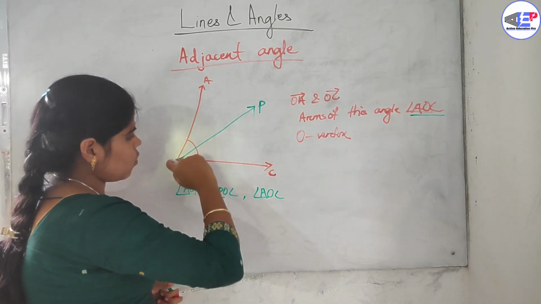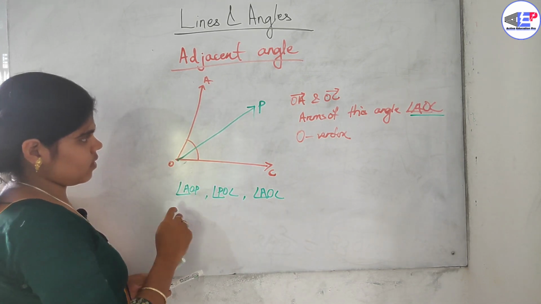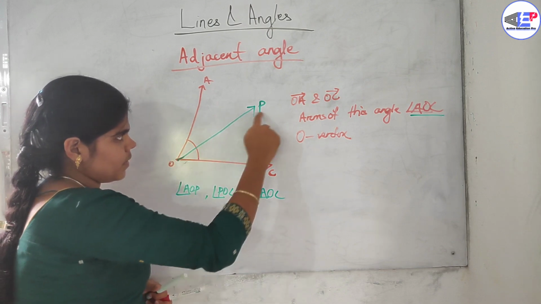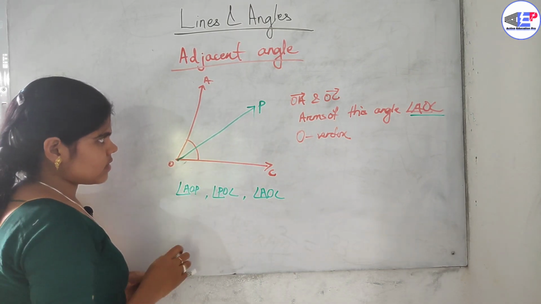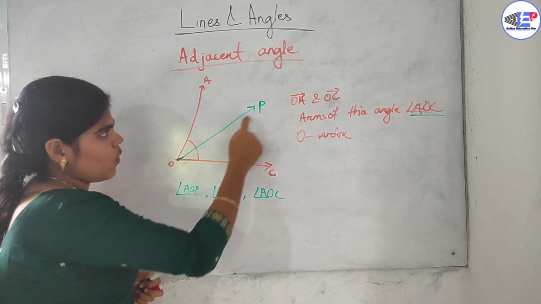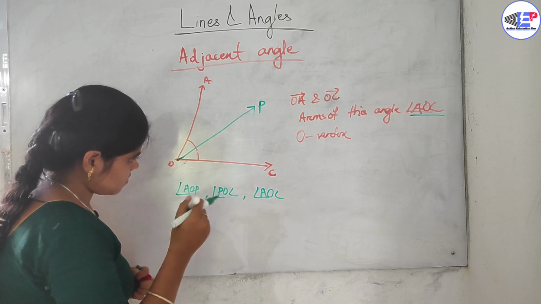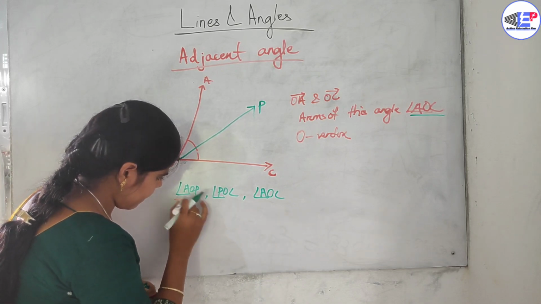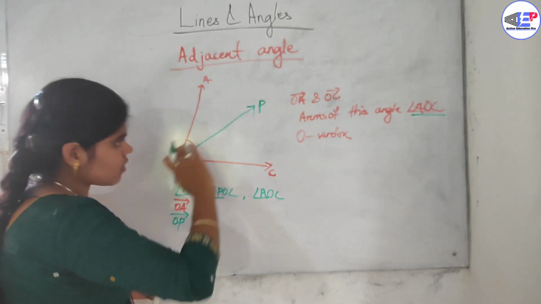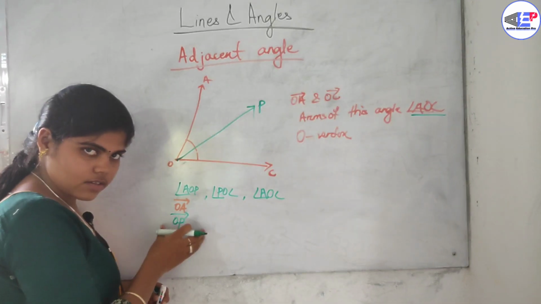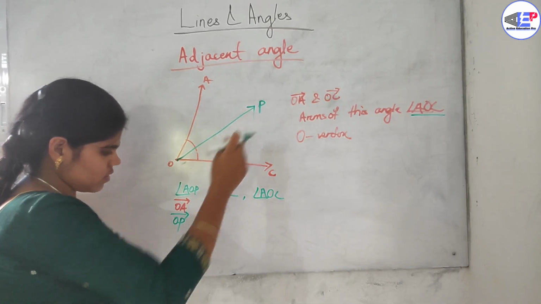AOC is the angle, and OA and OC are the arms. In this angle AOP, O is the vertex and OA, OP are the sides, the arms. According to the color of the rays, here I denote them with symbolic names: OA is the red ray and OP is the green ray.